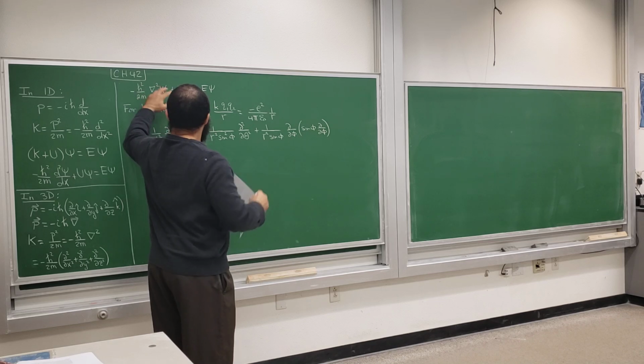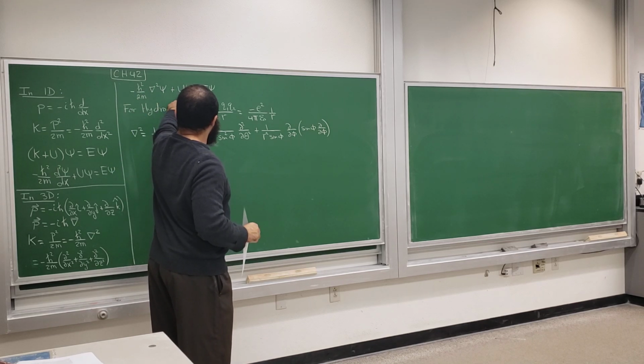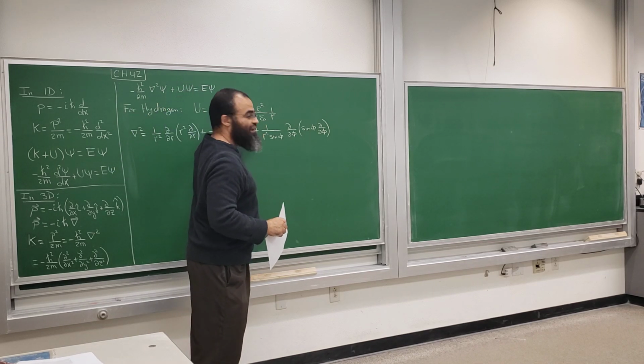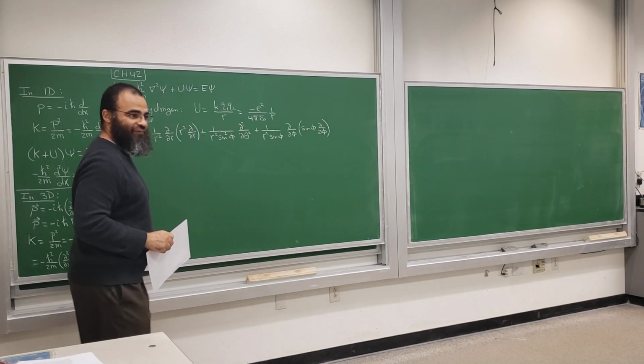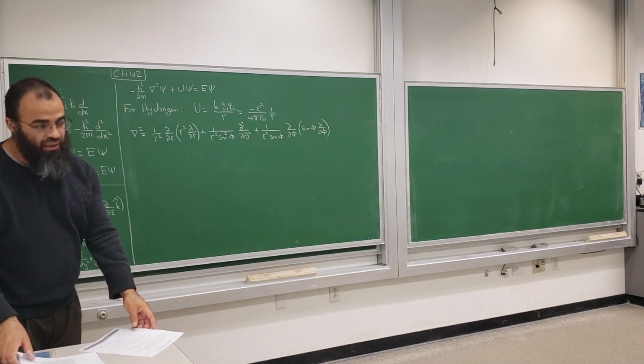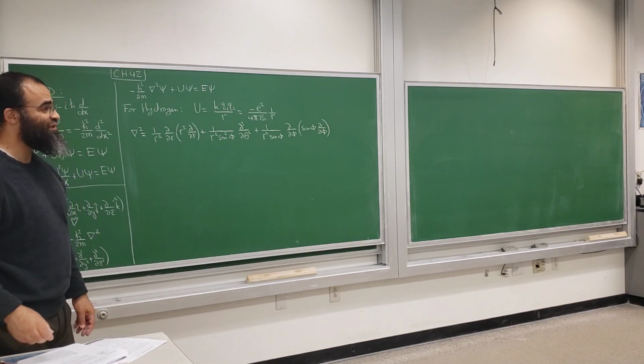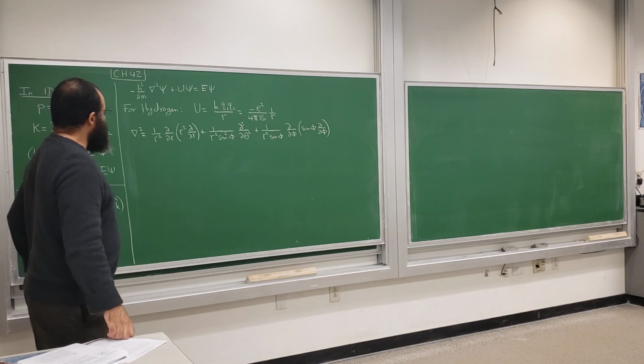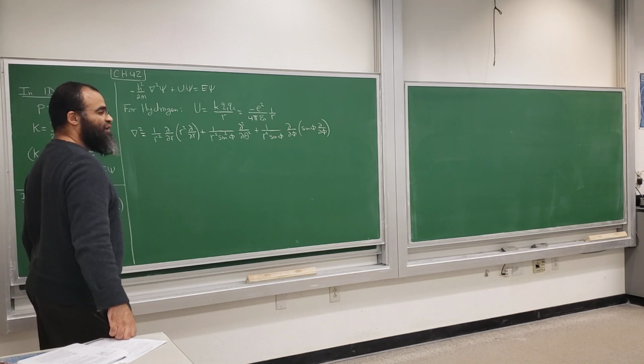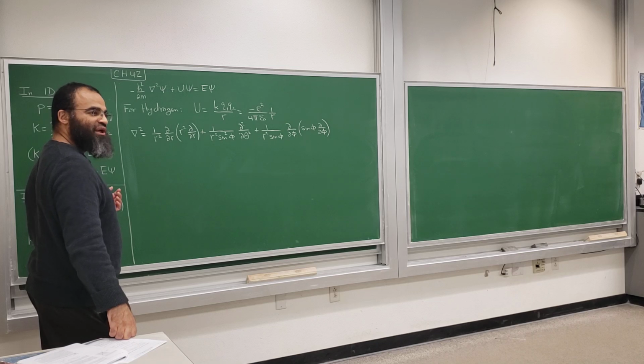Okay. And then you plug in your equation, you plug in for u, you plug in this, and then you try to solve that equation. Now you will run into problems if you try to solve it directly, so what you do is you try to separate the variables.